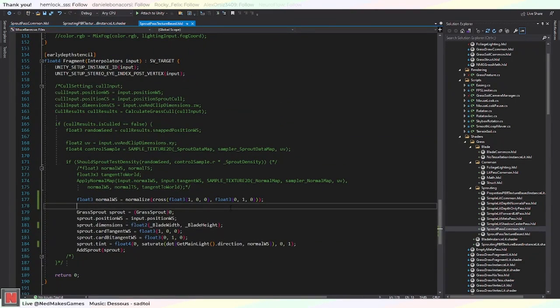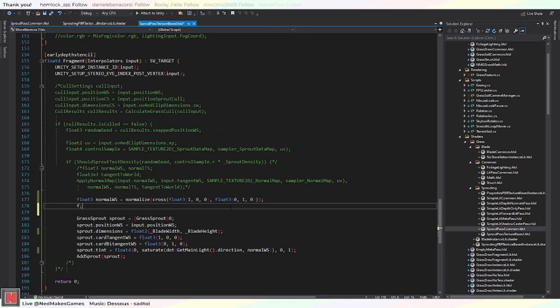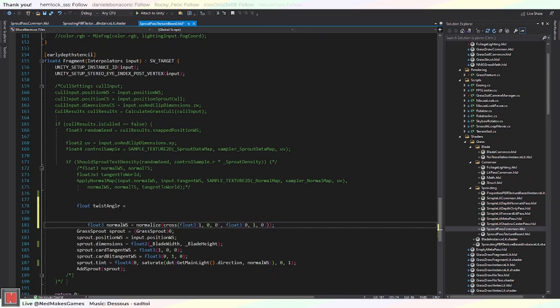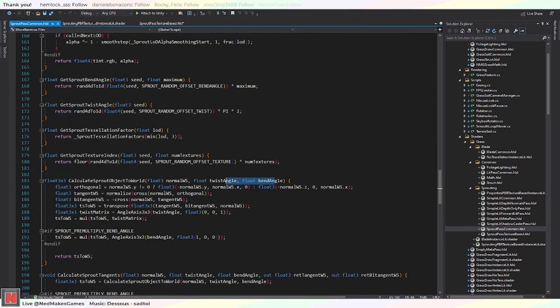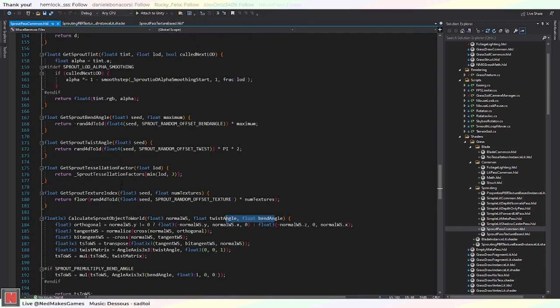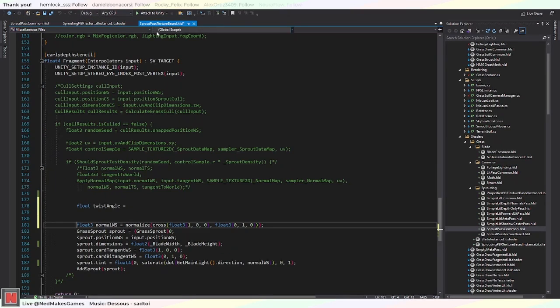Okay, so yeah, we just need to get... Alright, well, this normal actually will be invalid after this, but I guess I can use this because it just uses the seed and then a random value.